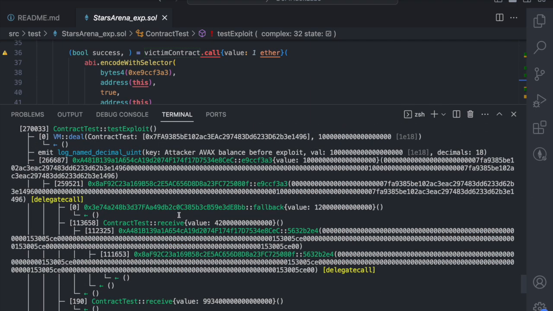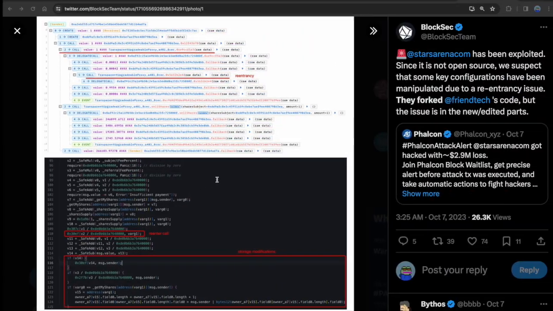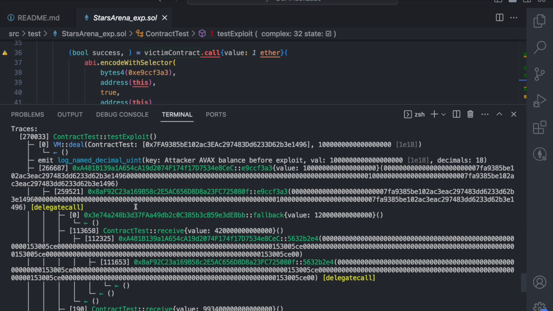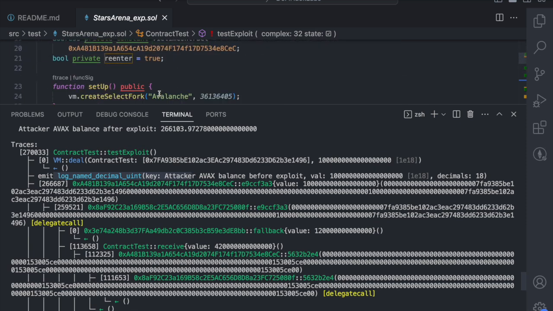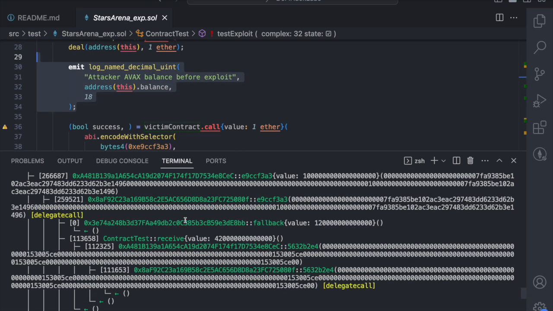Okay, and while these aren't labeled as well as Falcon Trace, we do see the flow of how this attack happened. So we see the attacker being dealt their one AVAX. This is the log that's emitted up here. This is where we are in the code.